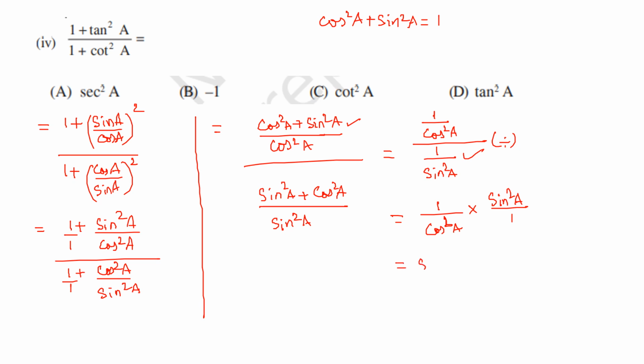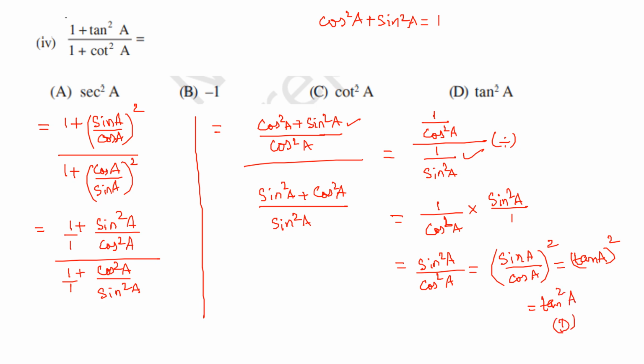And 1 into sin square A is sin square A, and cos square A into 1 is cos square A. So further I can write it as (sin A by cos A) whole square, isn't it? Because both are squared. And sin A by cos A is tan A, so tan A whole square. So the answer will be tan square A, option D. So from here the correct option is option D.